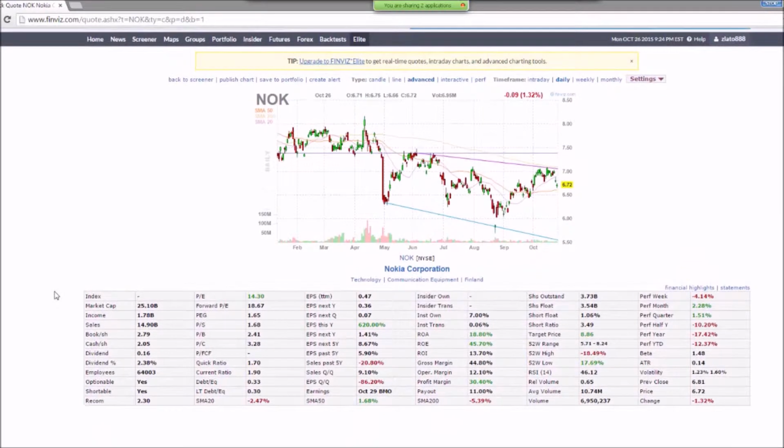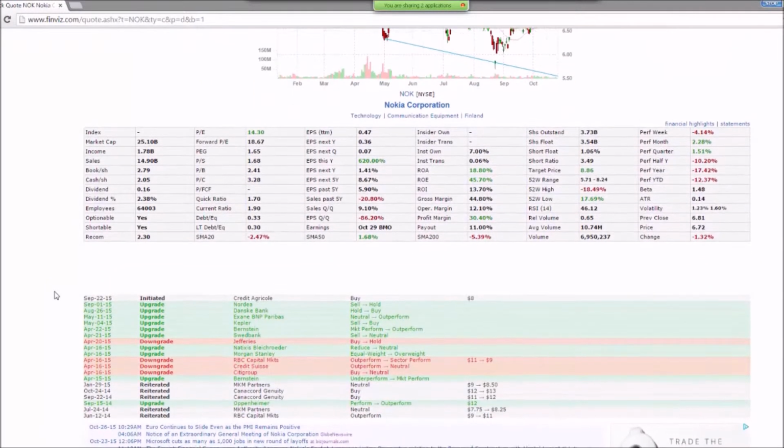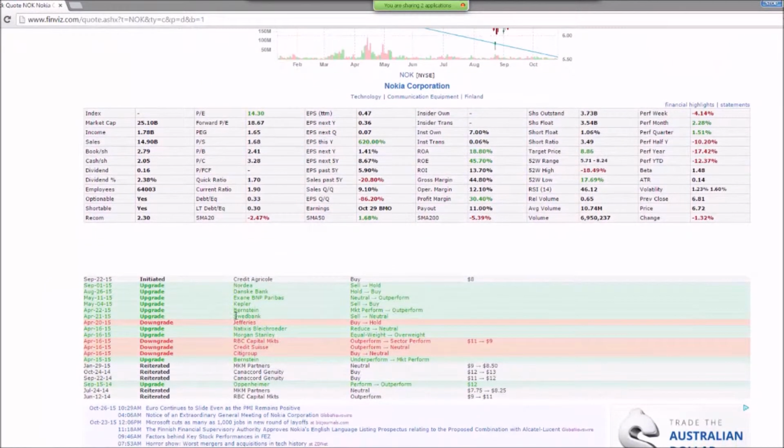If you're looking for a high growth company, you look at the growth rate. If you're looking for dividend yield, you're going to set dividend yield. If you're trying to find companies which are optionable or shortable, you're going to find companies which are shortable or optionable. And also what you can see here are different upgrades.